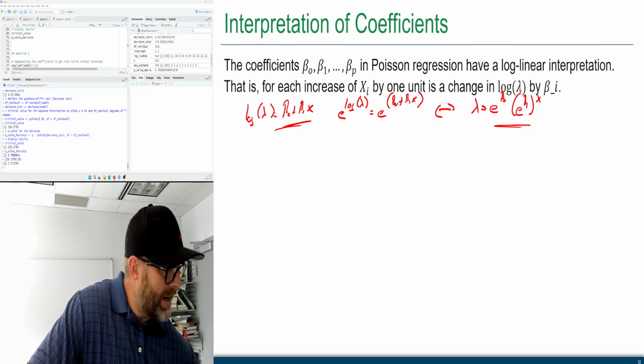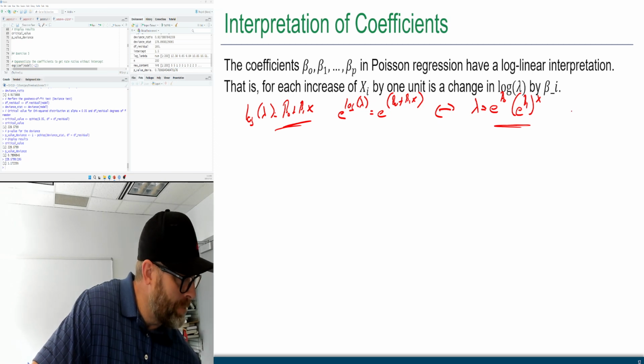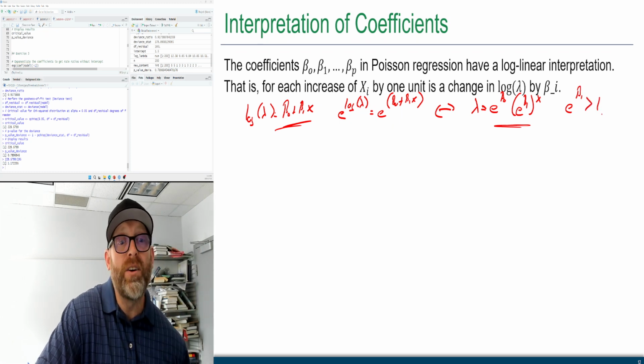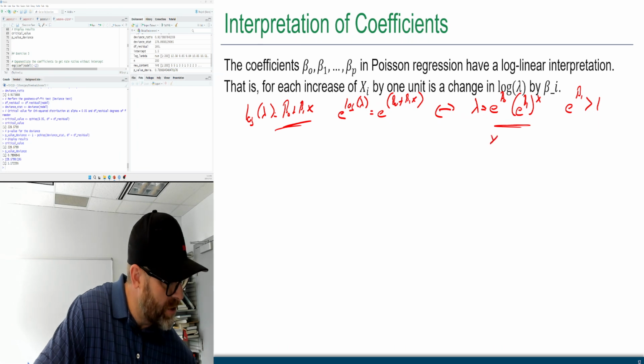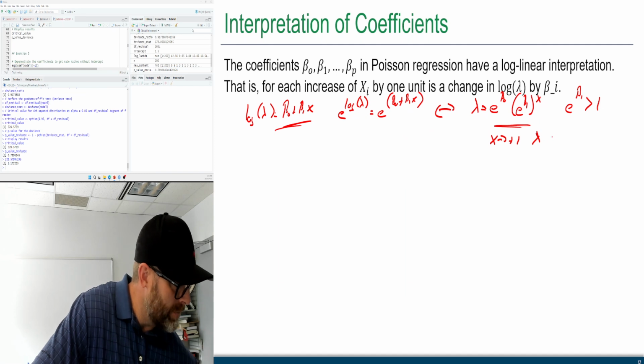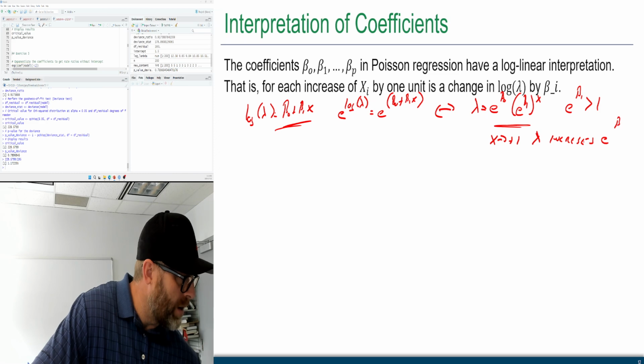So let's say I looked at e to the beta 1. If e to the beta 1 was greater than 1, well, what happens if I increase x by 1? If x goes plus 1, then lambda increases by e to the beta 1.